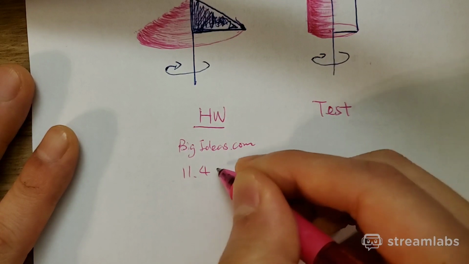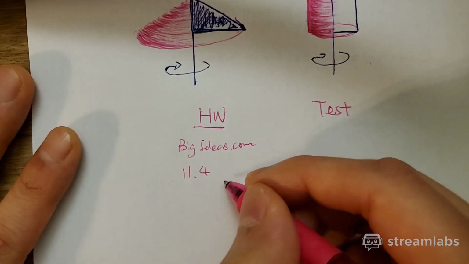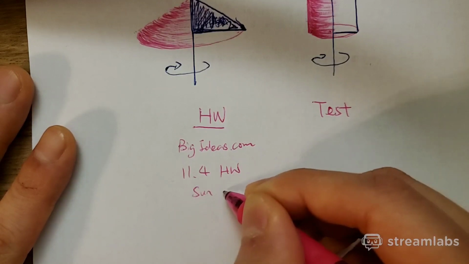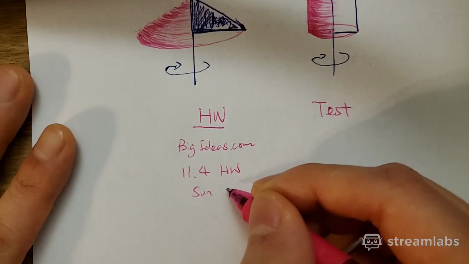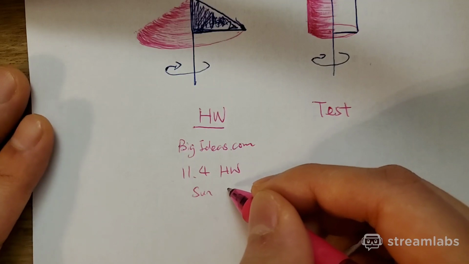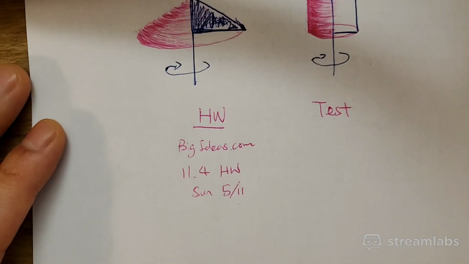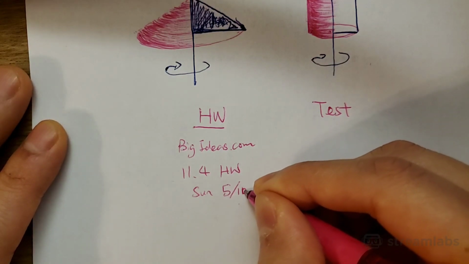It should be open already. It shouldn't take you long at all, I think. It's called 11.4 homework. It's due Sunday, not November, what the heck? May 11th, I think. Let me see. No, May 10th. May 10th, okay?